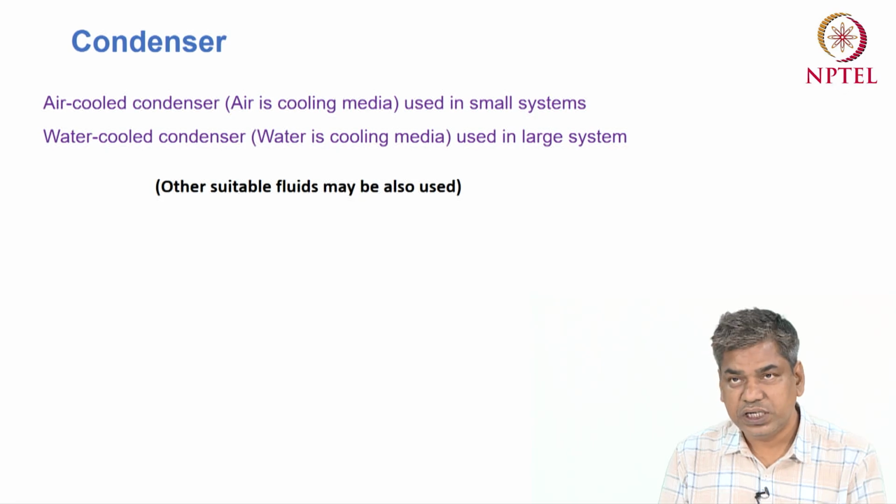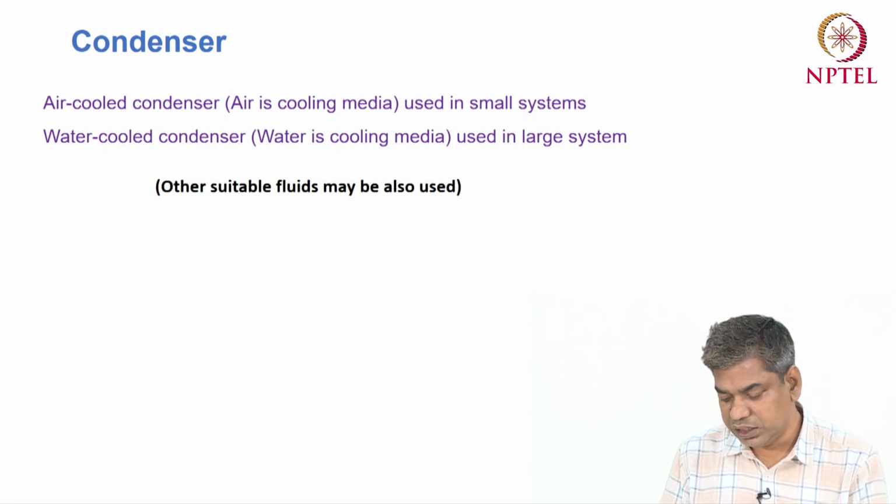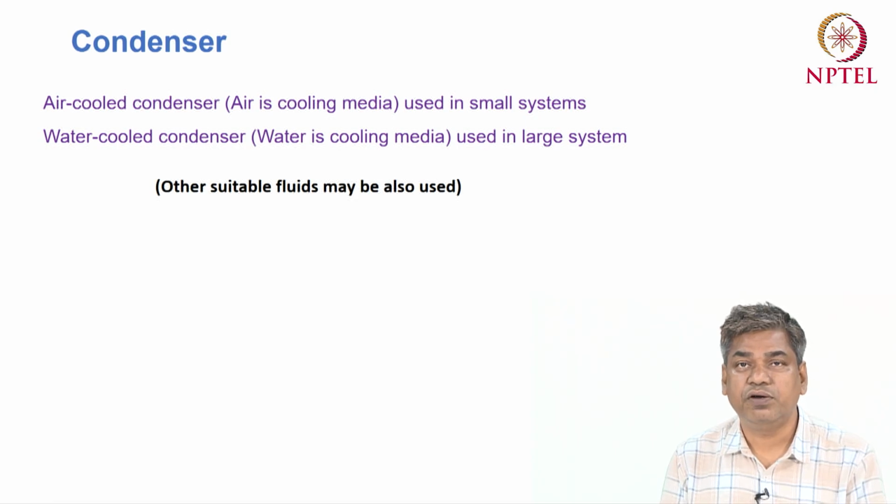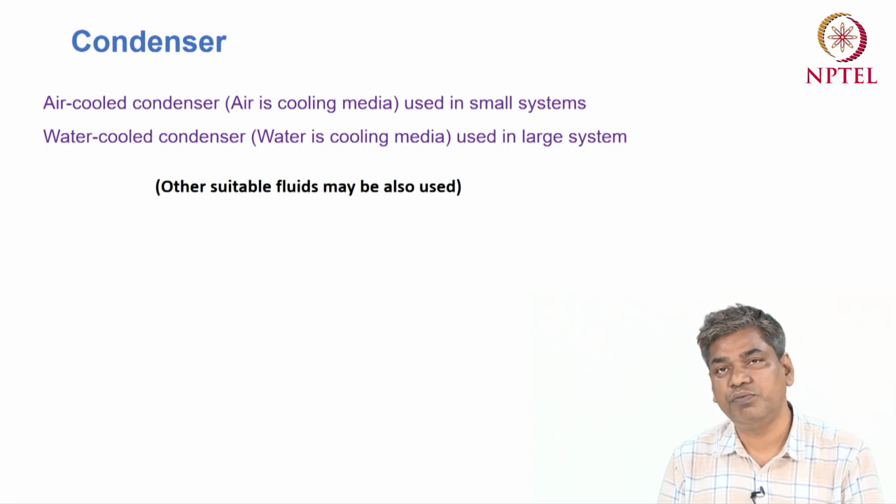Another important difference between the air cooled condenser and the water cooled condenser is that the water heat transfer coefficient is generally very high as compared to air.